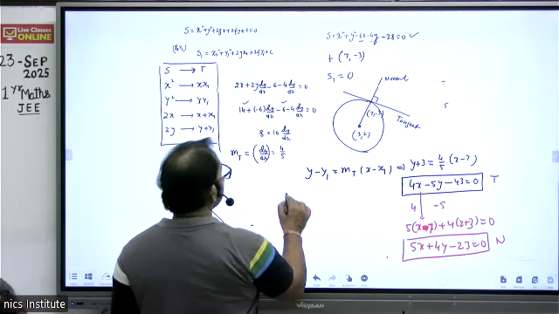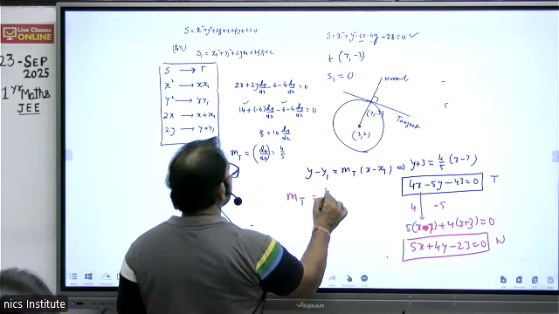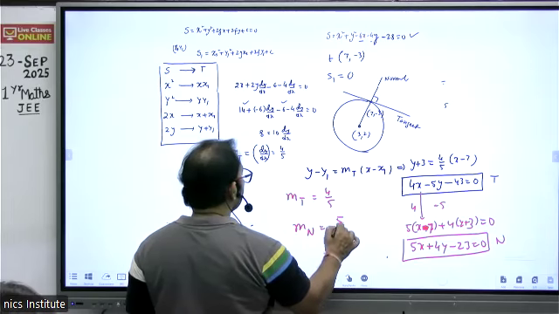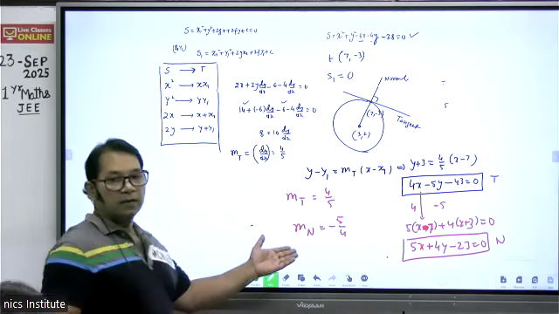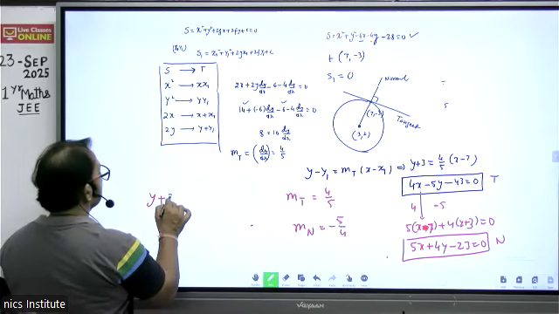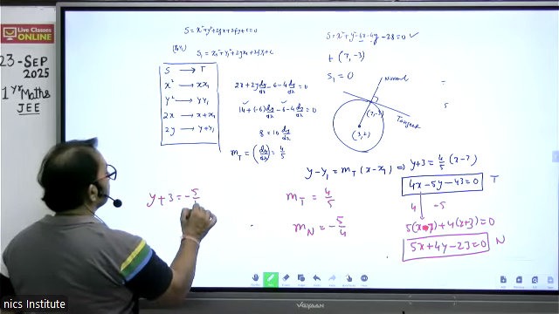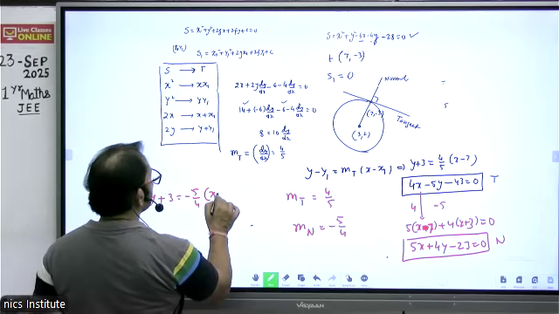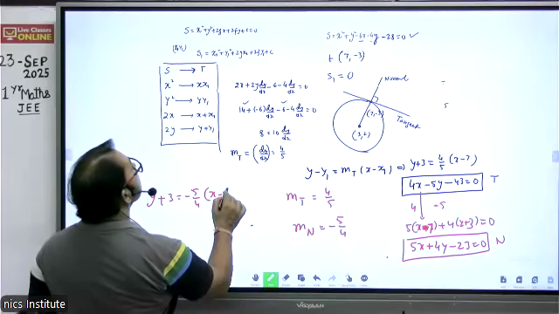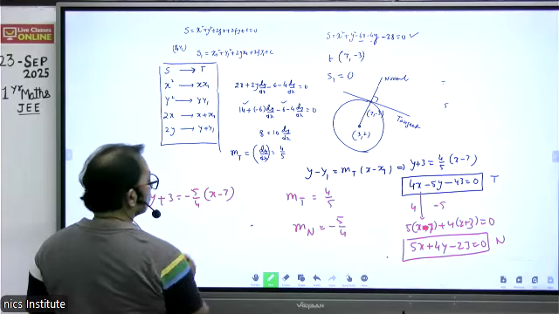Or else ये नहीं करना है. You know the slope of the tangent 4/5. So you find slope of normal, reciprocal with negative sign. And then you use 1-point form. Y minus y1 equal to slope into x minus x1, which is 7. ऐसे कर लो.